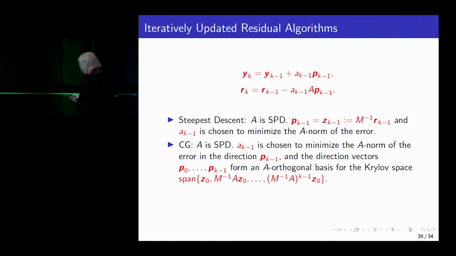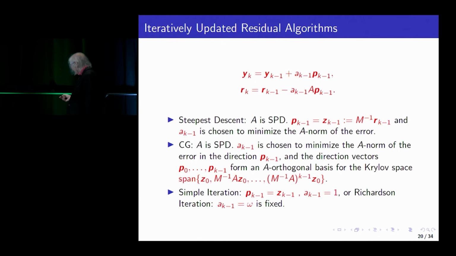In the conjugate gradient method, we again assume that a is symmetric and positive definite. ak minus 1 is chosen to minimize the error in the direction pk minus 1, and the direction vectors form an a-orthogonal basis for the preconditioned Krylov space, which means that we're really minimizing over that Krylov space, a much larger space than just the one direction vector, pk minus 1.